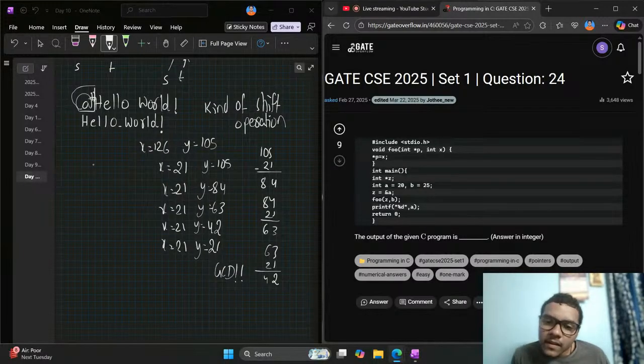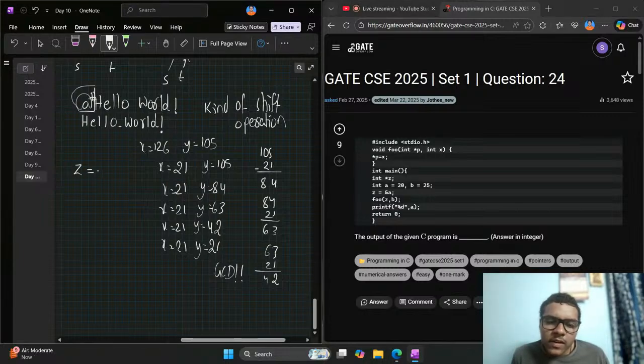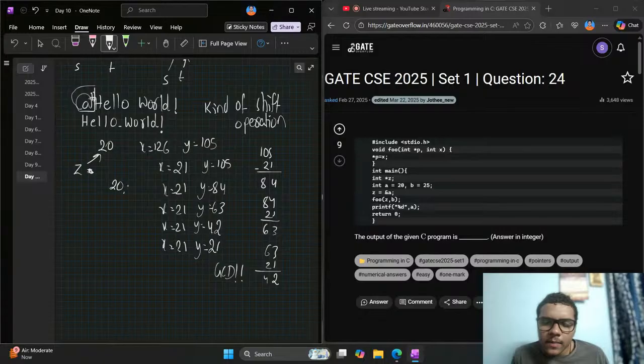Pointer P and X. Pointer, okay. Main Z. So now Z is pointing to 20. Z comma B is called. So 20 and B. What is B? 25. So Z is now pointing to 25.